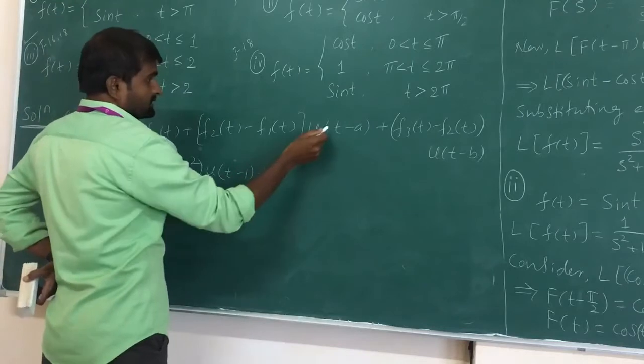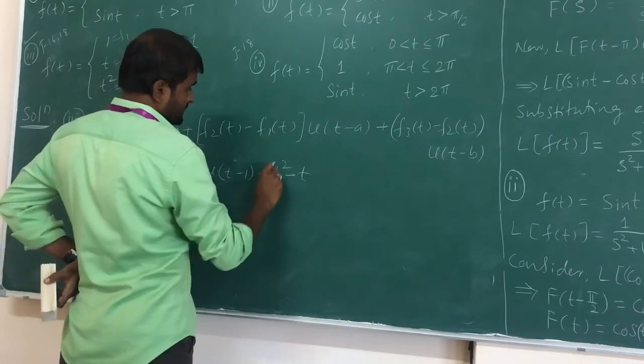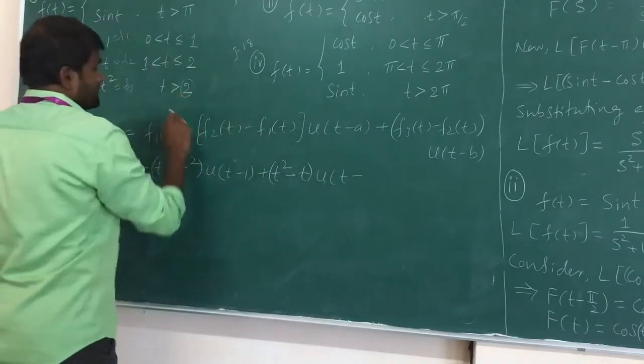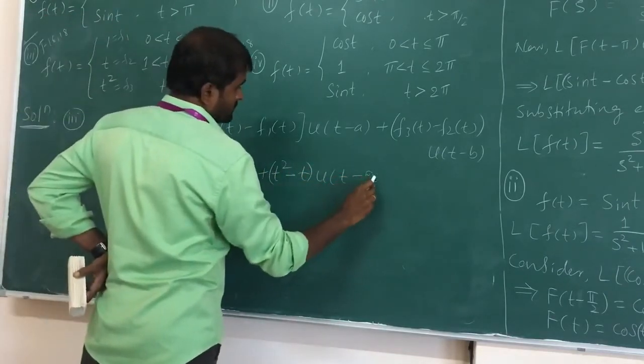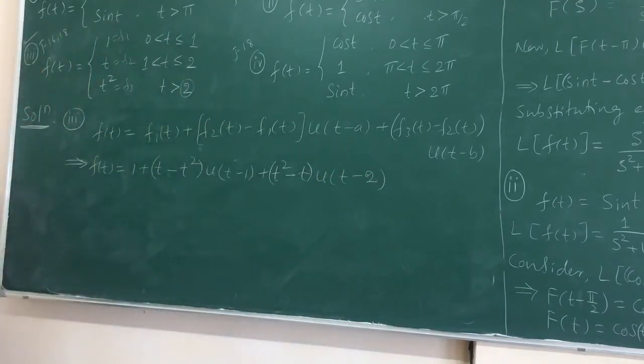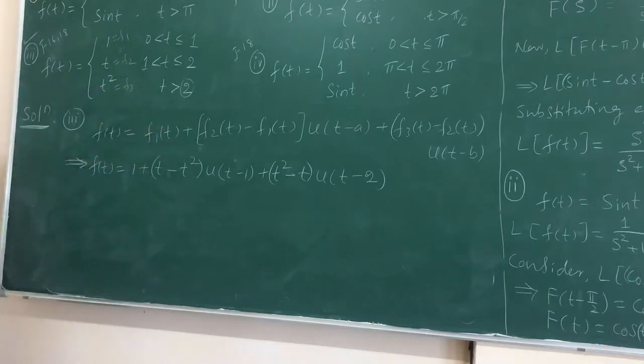Plus f3 is t square, minus t, into u of t minus 2, in place of a we have the number 2. So we need to express it in terms of Heaviside unit step function.